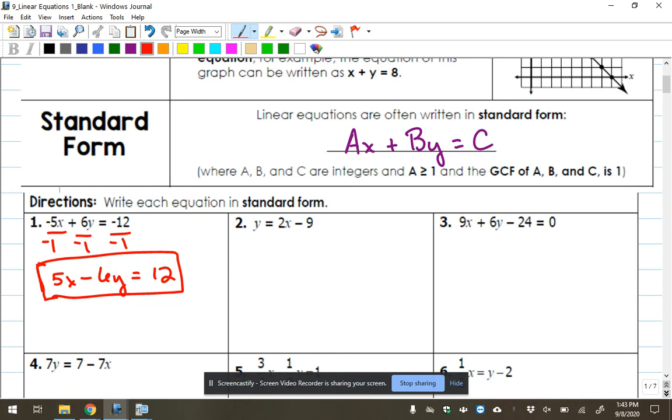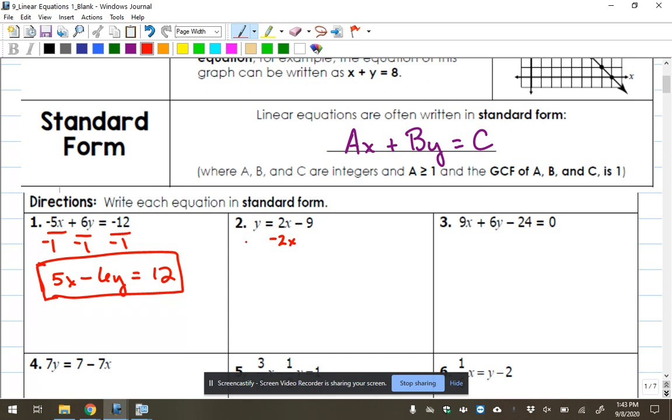Okay. So let's look at number 2. What form is number 2 in? It's in slope-intercept form. That's the form we've done the most work with in an algebra class. But we want to write it in standard form. So to be in standard form, you need to have what on the same side? X and y. So I'm going to move that x over.